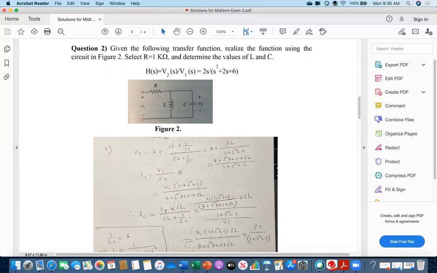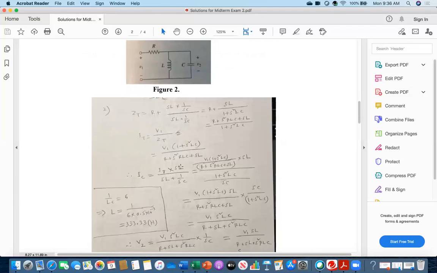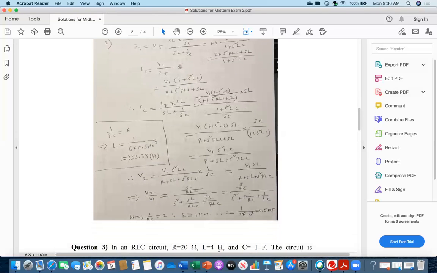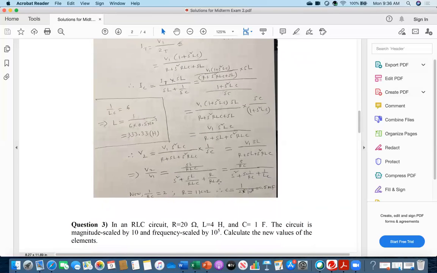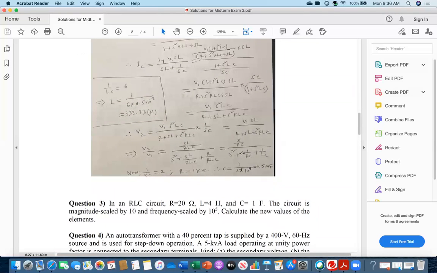Once I get the total current here, then I am applying the current divider rule to get the current here. And then I am multiplying that current by the impedance of C. That I am doing. So you see my calculation, everybody, IT, then IC, and then I got V2, this one, and V2 over V1, this should be the expression.